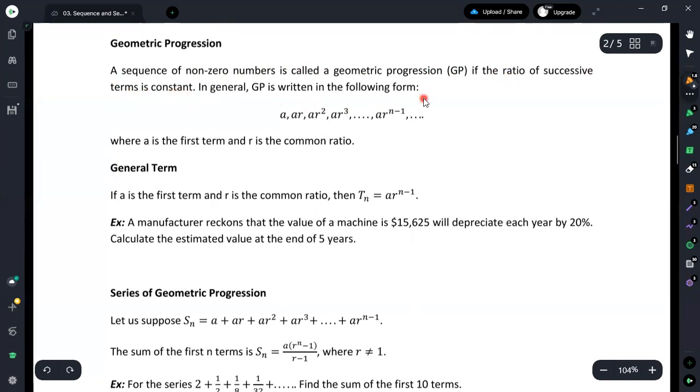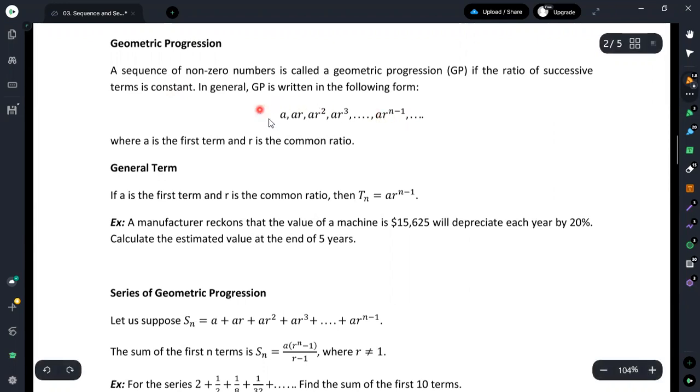It is simply that we obtain the next term, or the successive term, by multiplying the previous term by a constant, and if this constant remains the same throughout the series or the sequence, we say such a progression is a geometric progression.